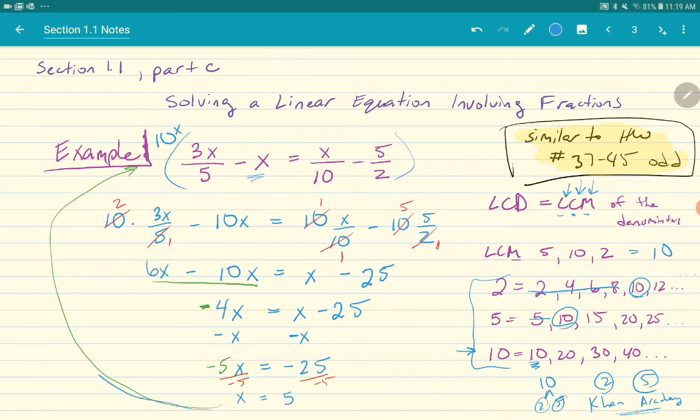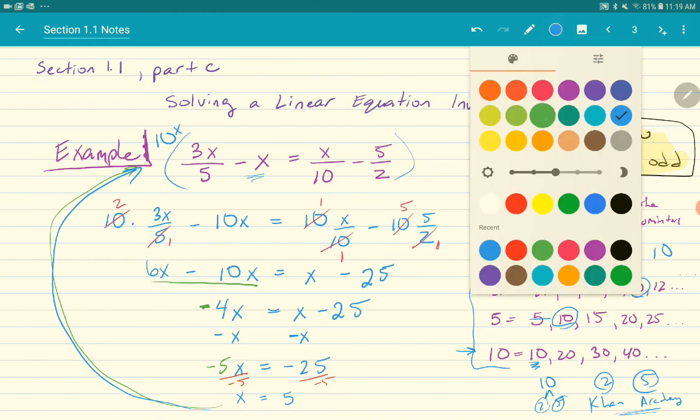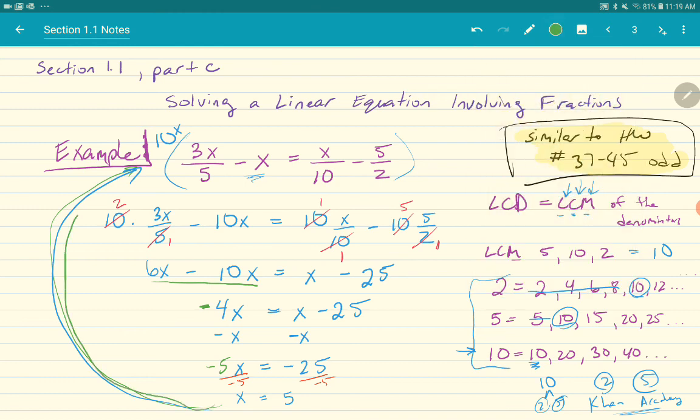So let's try that. Plug that one in, and I get a true equation. So plugging in my 5 up here, I'm going to do that in green actually. I get 3 times 5 over 5 minus 5 equals 5 over 10 minus 5 over 2.